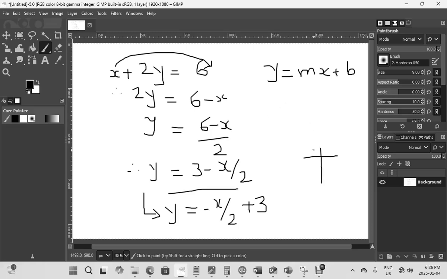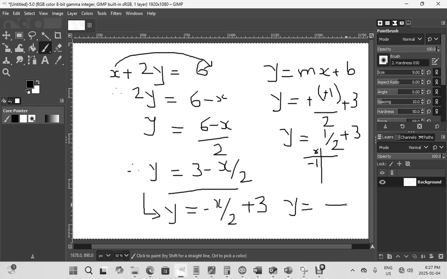Let's say you start off with x equals -1. So y equals -1 over 2 plus 3, which means this will be 1/2 plus 3. 2 goes into 2 once, 1 times 1 is 1, plus 1 goes into 2 twice, 2 times 3 is 6.